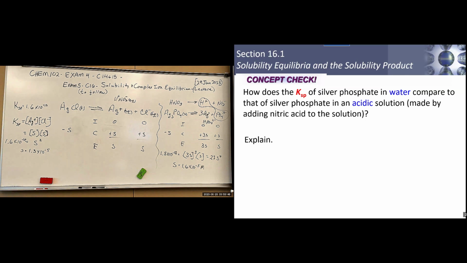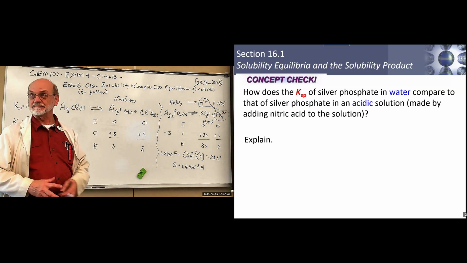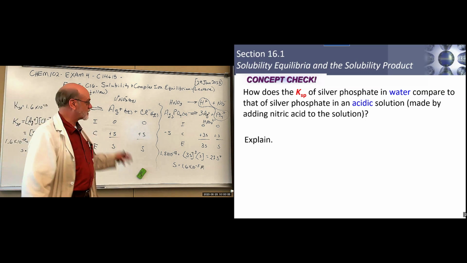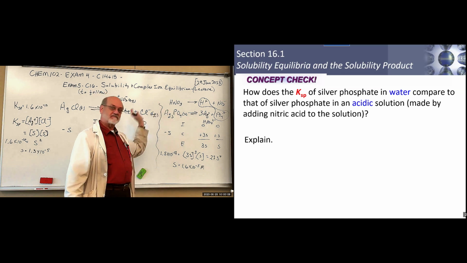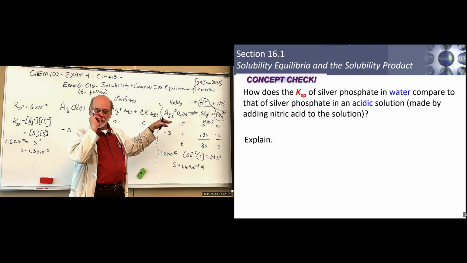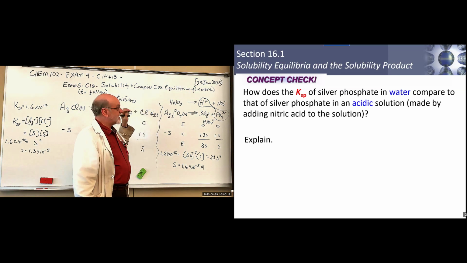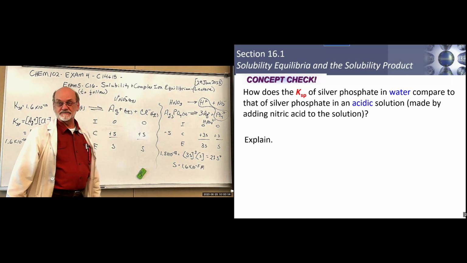The KSP is a constant. As long as you don't change the temperature, the KSP is constant no matter what you do to the solution. Right? So we talked about solubility here with adding common ions, but that doesn't change the KSP at all.